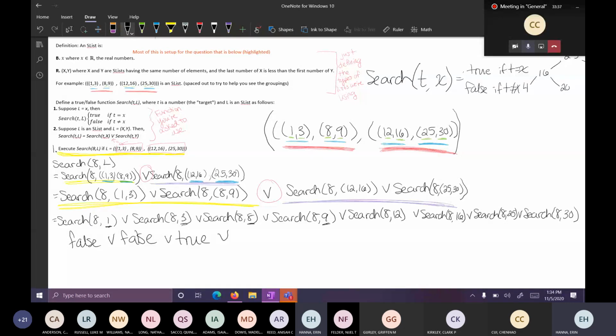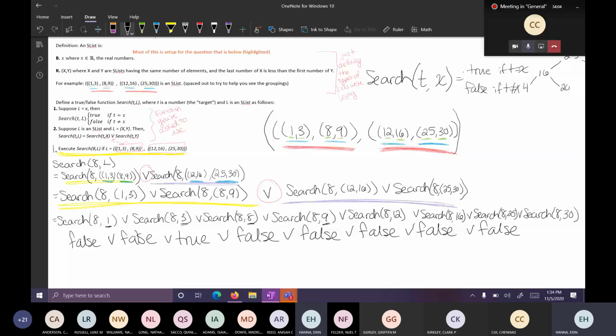Or search 8, 9, false. Or search 8, 12, false. Or search 8, 16, false. Or search 8, 25, false. Or search 8, 30, false. Oh, it lagged a little bit.